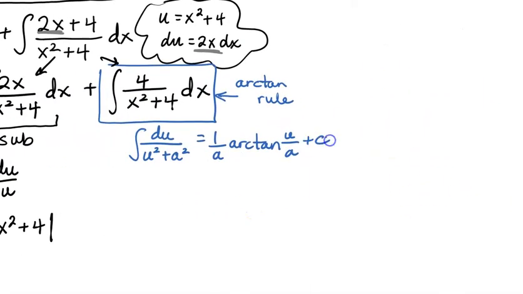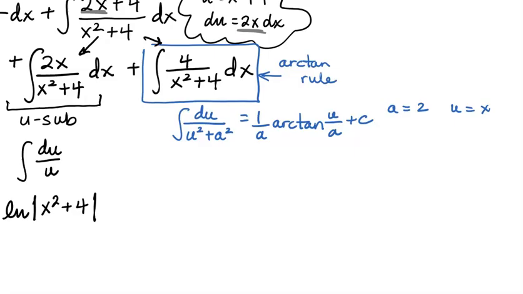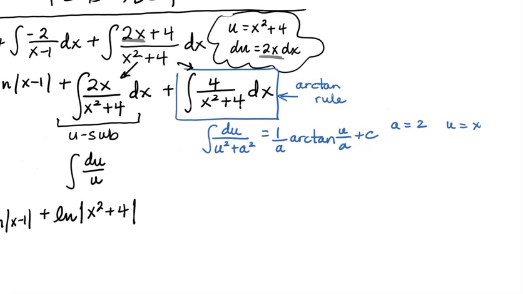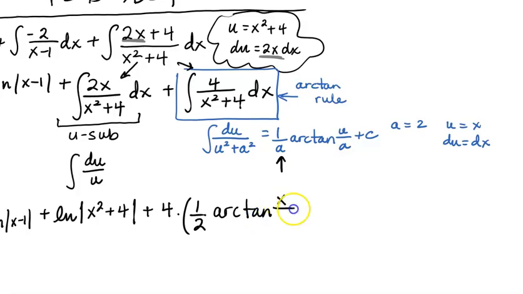In our case, our a is 2 and our u is x. So now I'm just going to be substituting them into the rule, which by the way does mean that our du is dx, so I don't have to do any extra substitution. So we already had a 4 in that integral. I have 1 over a is 2, so I have 1/2 arctan u over a, u is x, a is 2, plus c.